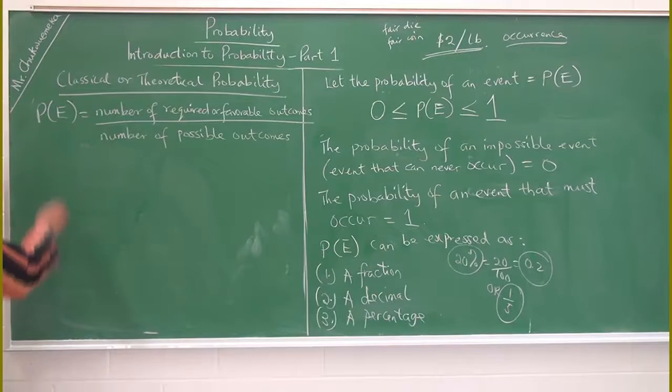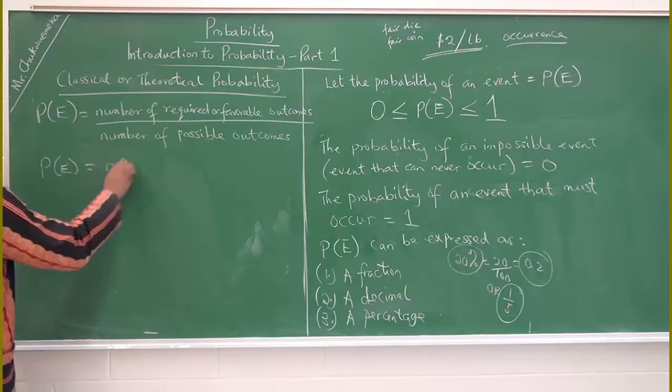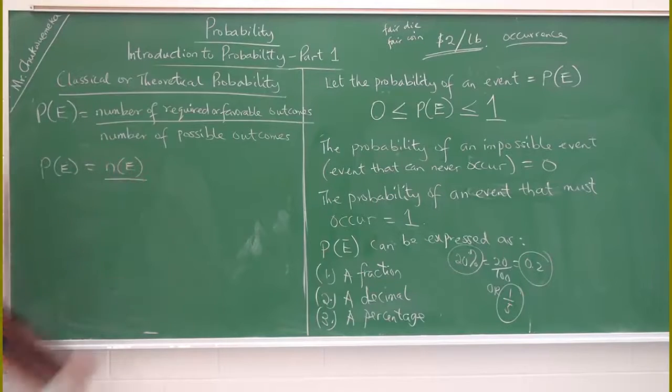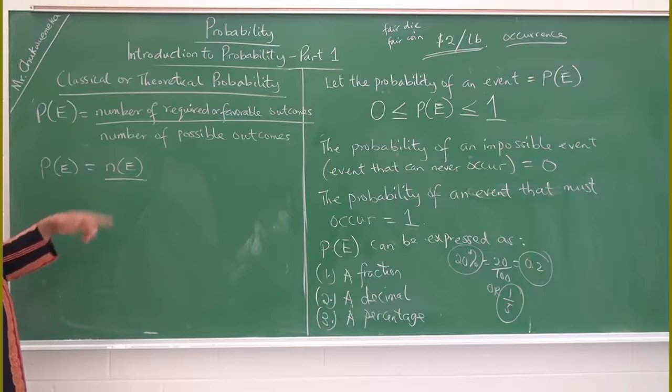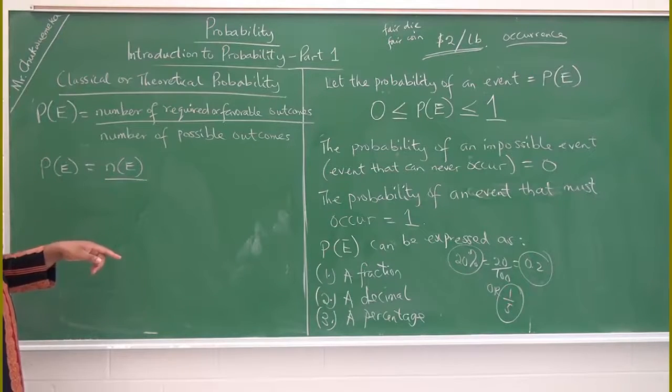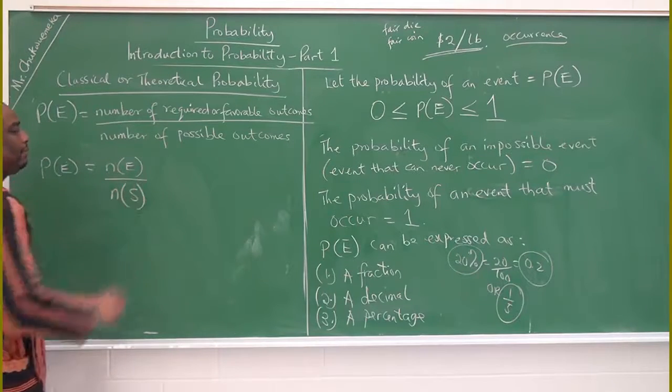This means the probability of the event is equal to the cardinality of the event space all over the cardinality of the sample space. I'm using some set terms, so it will be good if you have an idea of sets. I have some resources on that on my website.